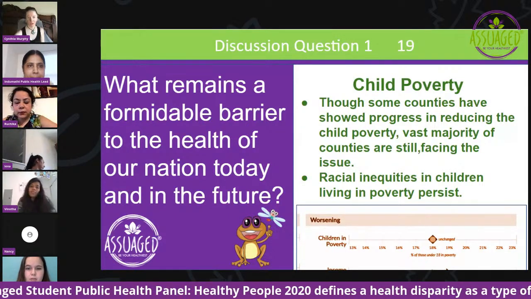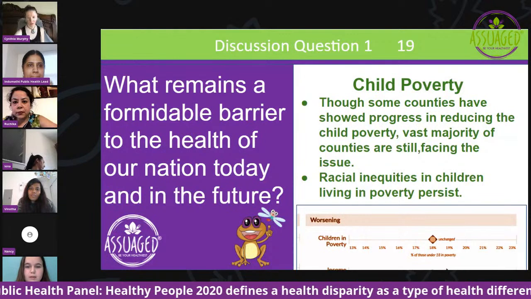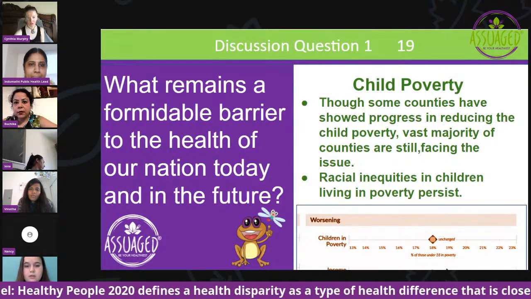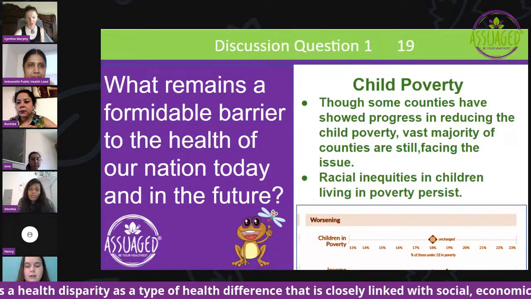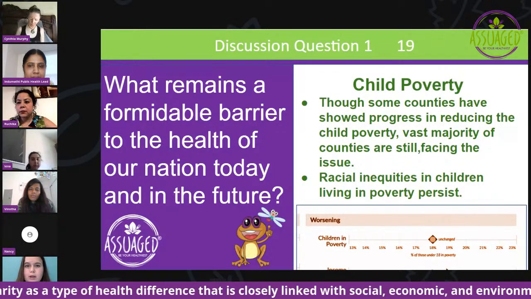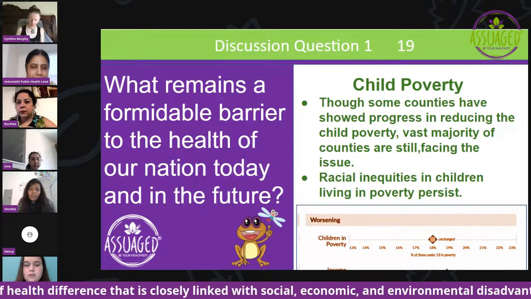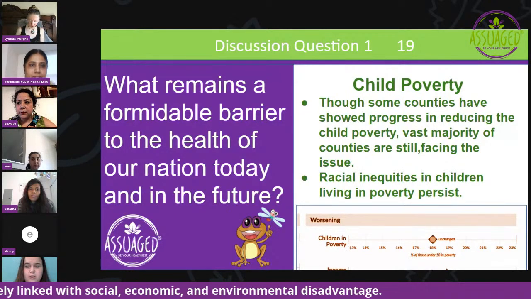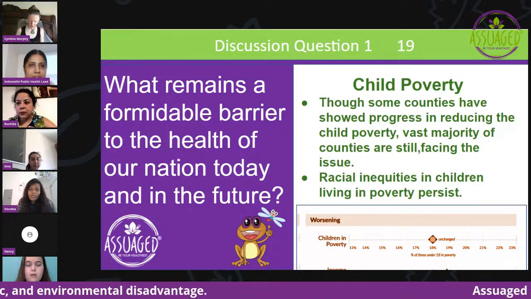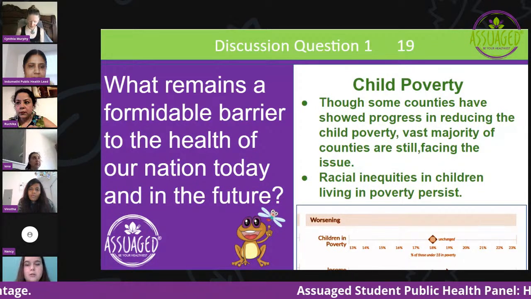Child poverty is definitely a cycle in many cases. People that grow up in poverty end up having trouble getting education, which means they're going to end up in that minimum wage job, which means they're going to have children who also might grow up in poverty. So it's a cycle that can be super dangerous to groups.